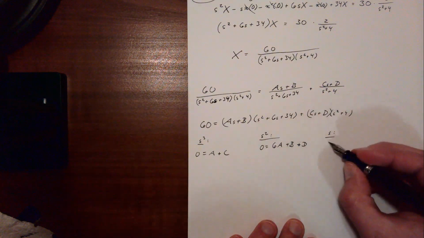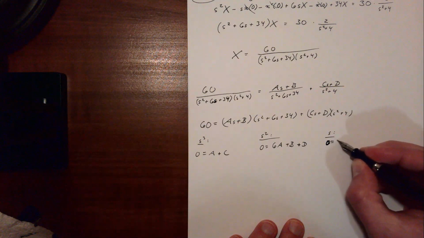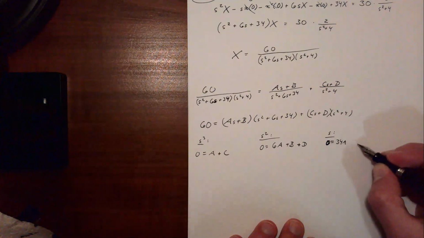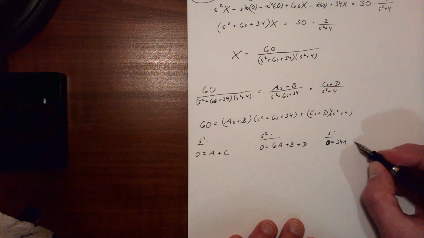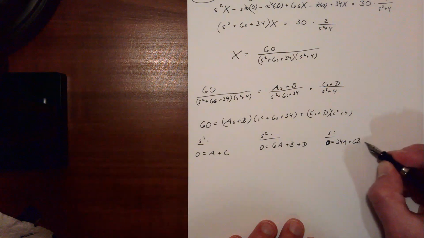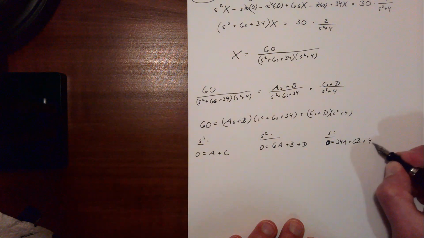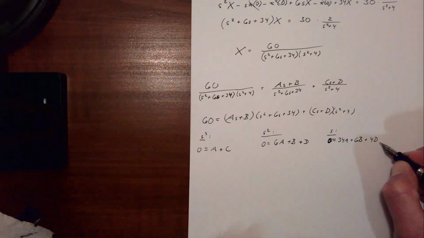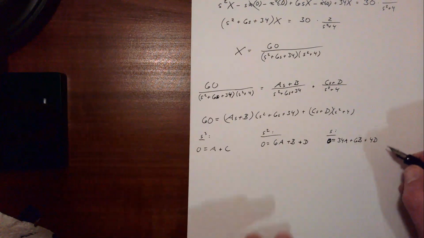Looks like we're going to have 0 equals 34A plus 6B plus 4C. Sorry, 4C, I mean.